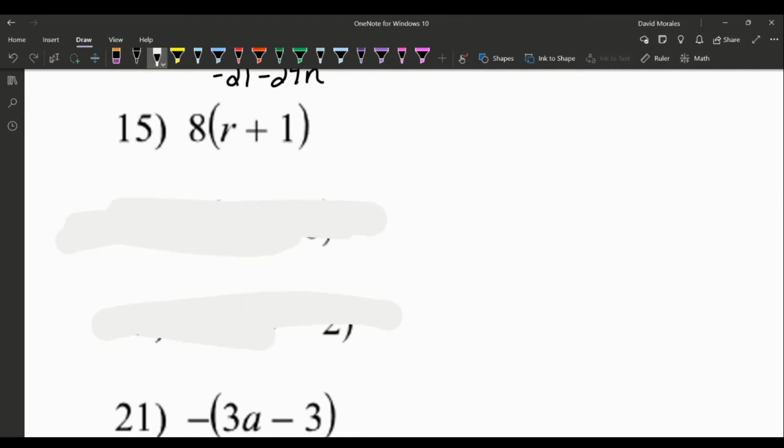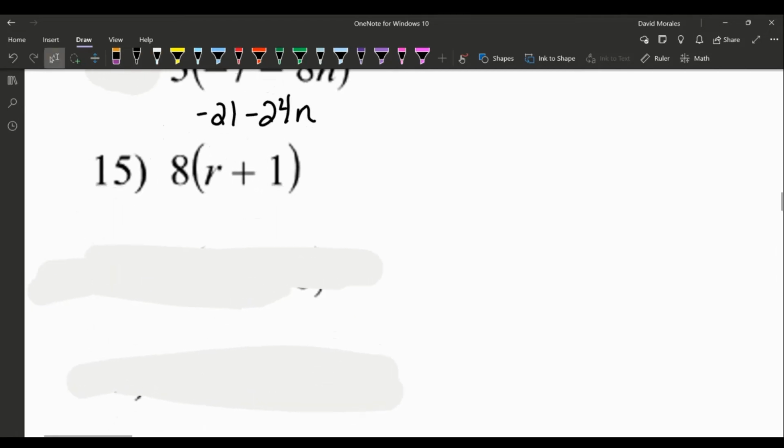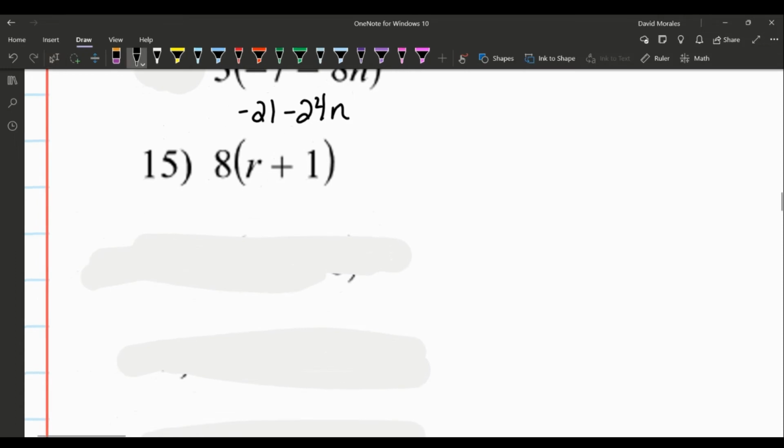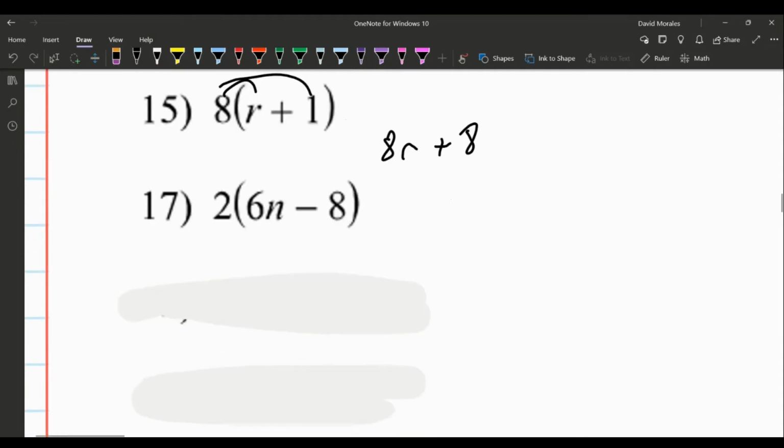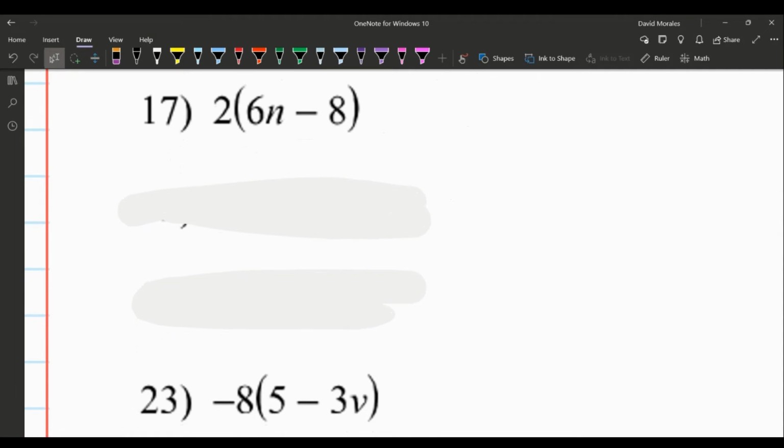I'm just going to white these out until we get to them so that we can focus on number 15 at this time. So 8 times r is 8r. 8 times 1 is 8. 2 times 6n is, I would write it underneath it, just a little space there, 12n.